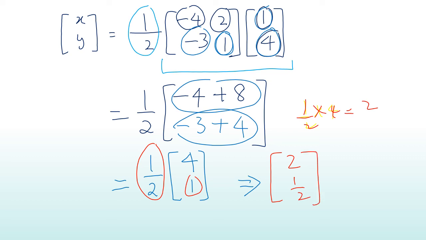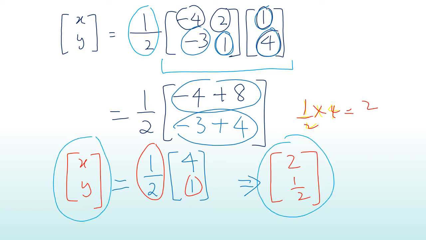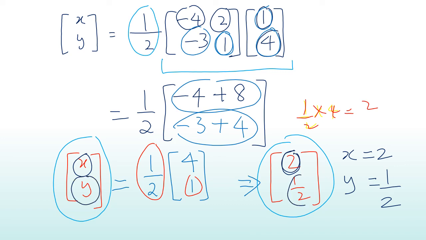So what do you get here? Your XY equals this one. So you can write X, hence X equals, of course, 2, and your Y equals 1 over 2, because this is X, 2, Y, 1 over 2.